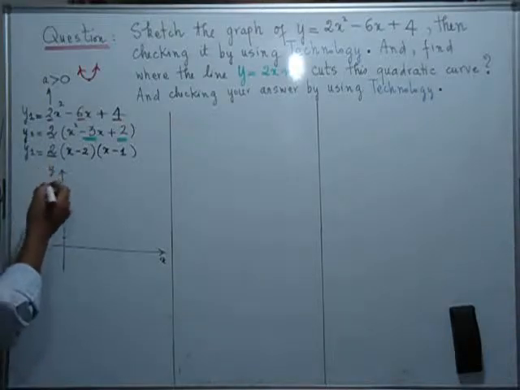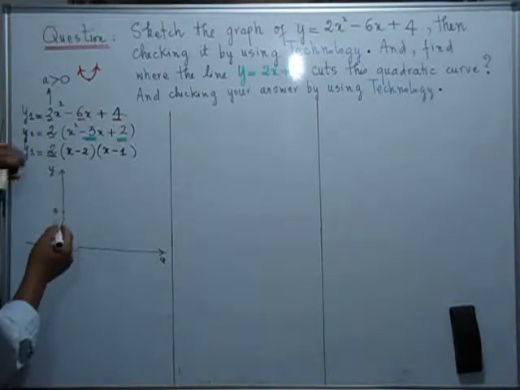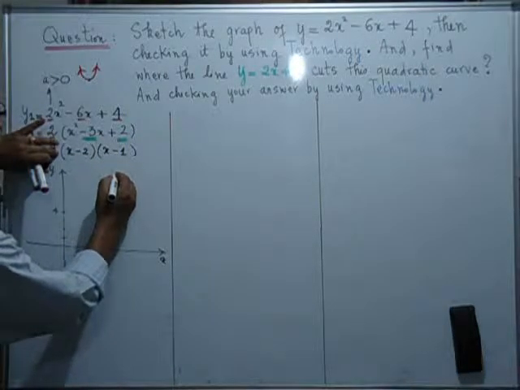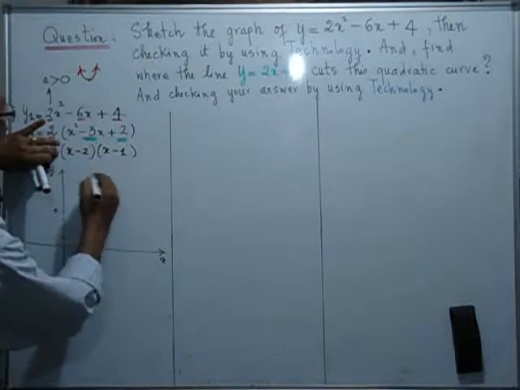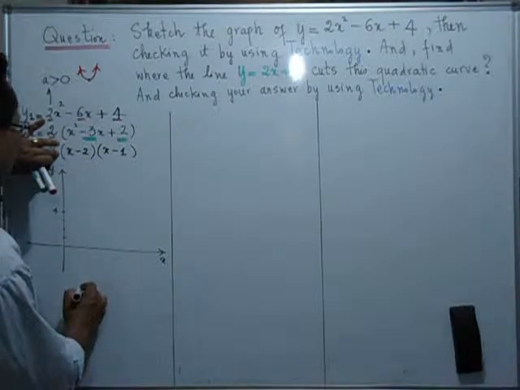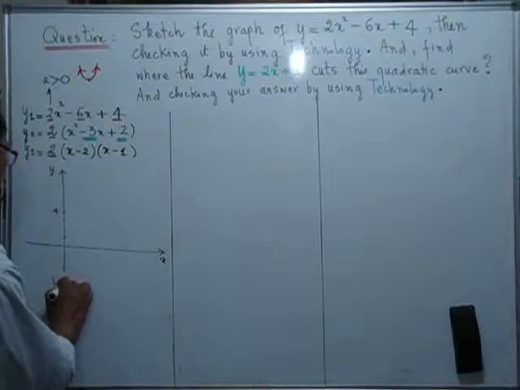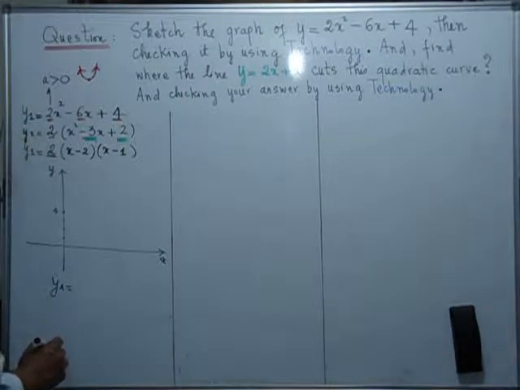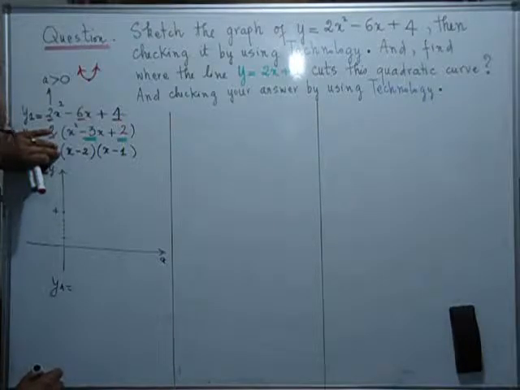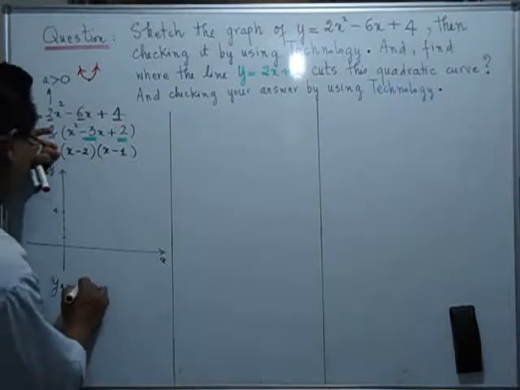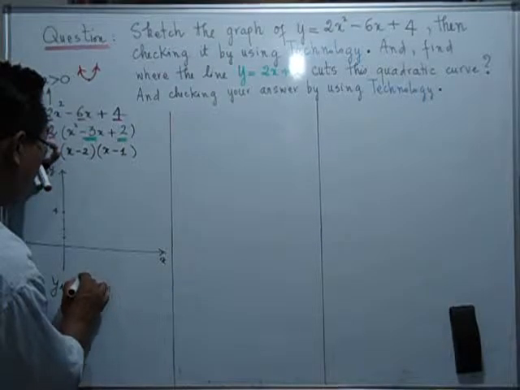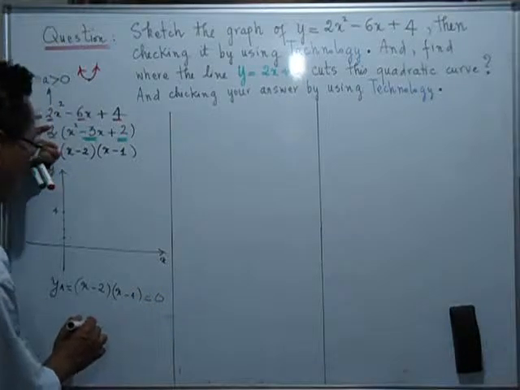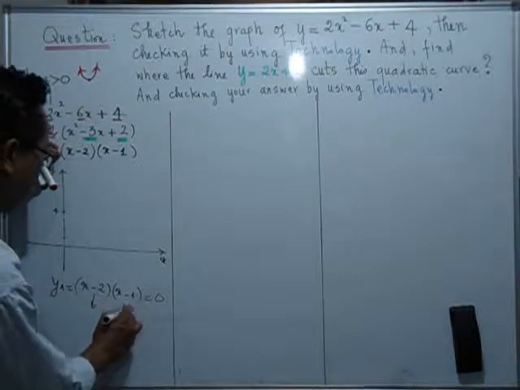And the x-intercepts. For example we have y1. At this step we forget the number 2 here. So if we have x minus 2 times x minus 1 equals 0, therefore this equals 0 or that equals 0.